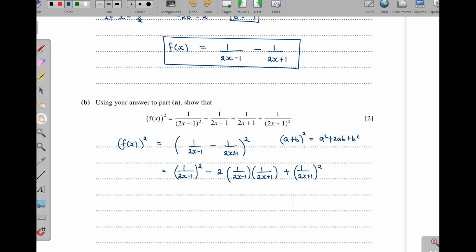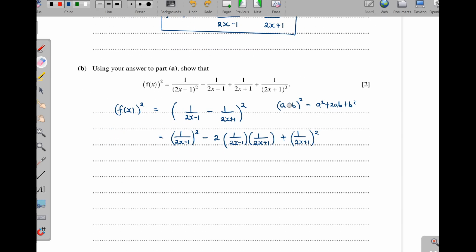Okay, don't get lost. In fact, let me change this plus here to a minus such that we be systematic. What we are doing here is exactly what we are having here. Then of course here when you square 1 you get 1, then out of when you square what is here, this will be 2x minus 1 squared.